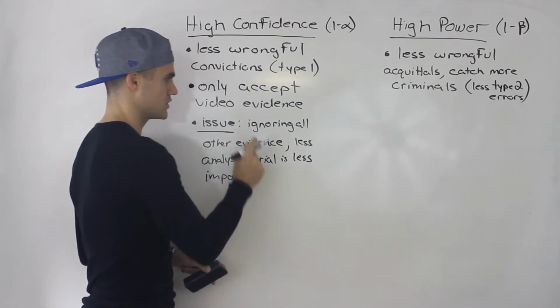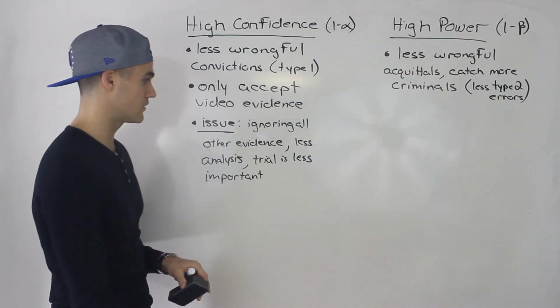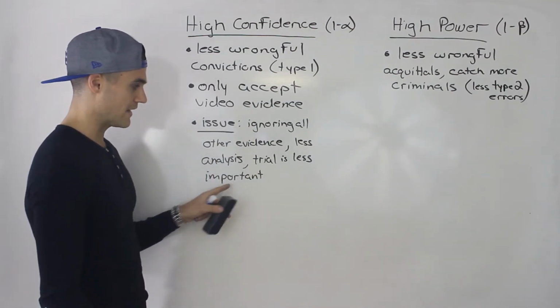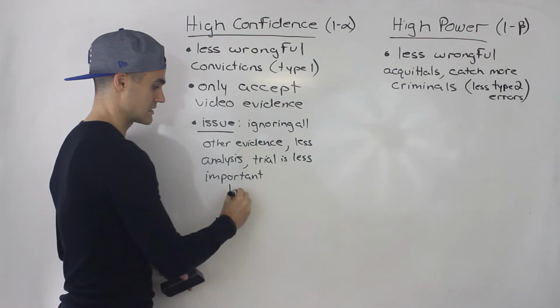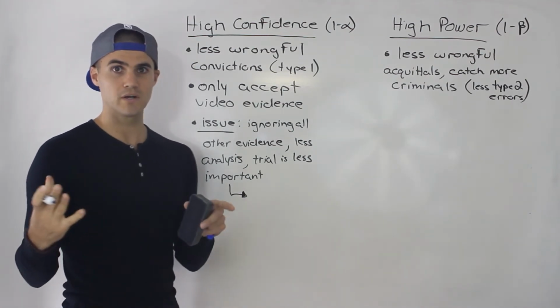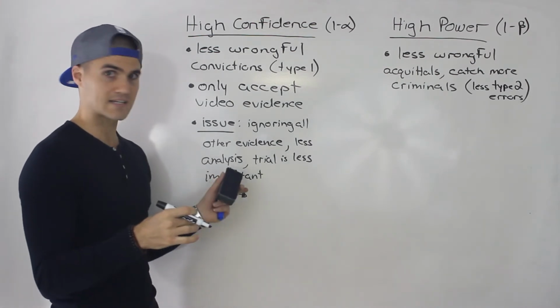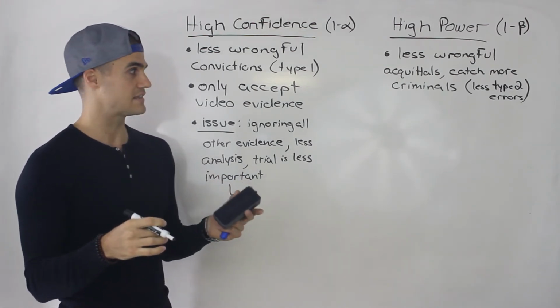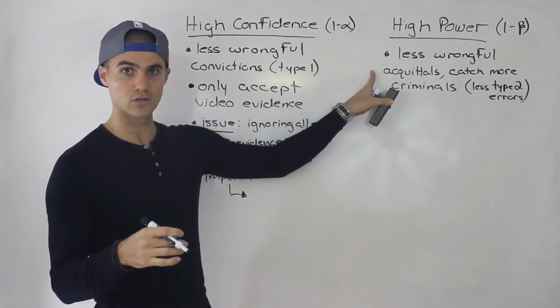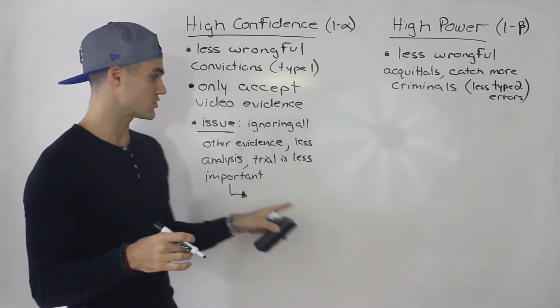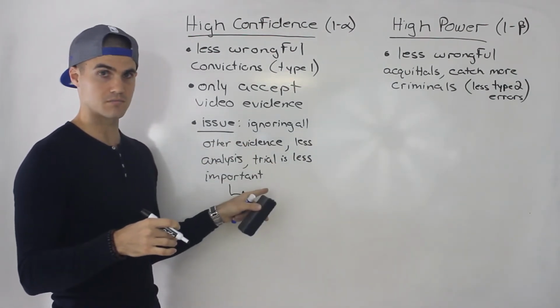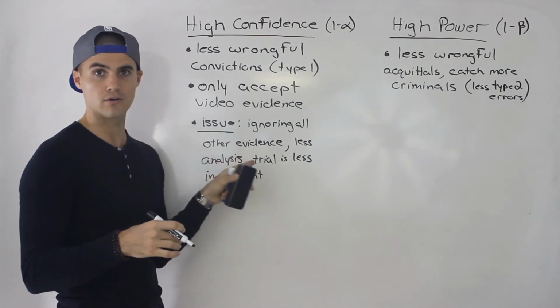As a high confidence judge, you only want to see video evidence. And so that's an issue because if there were 10 witnesses that saw someone go and rob a store and you let this guy off, then notice that that is a wrongful acquittal, right? So there's going to be more wrongful acquittals because you're ignoring all other kinds of evidence.